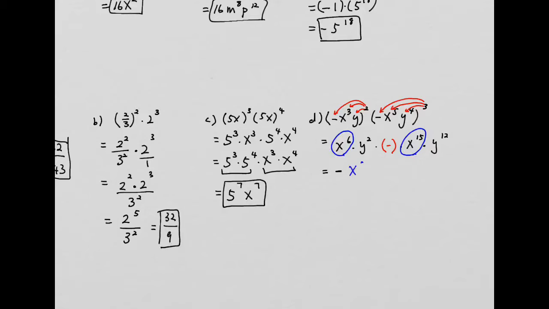So that makes it 21. Let's do that with black. And then let's do y squared with y to the 12 exponent. y to the 14 is what I'm going to get. And I know I'm done because I cannot simplify it any further. I have one x, one y, and all positive exponents.